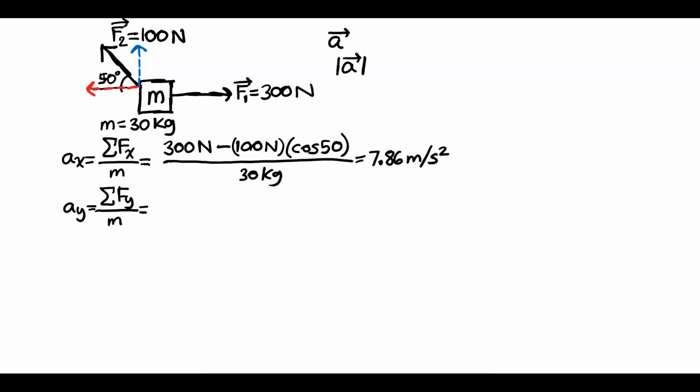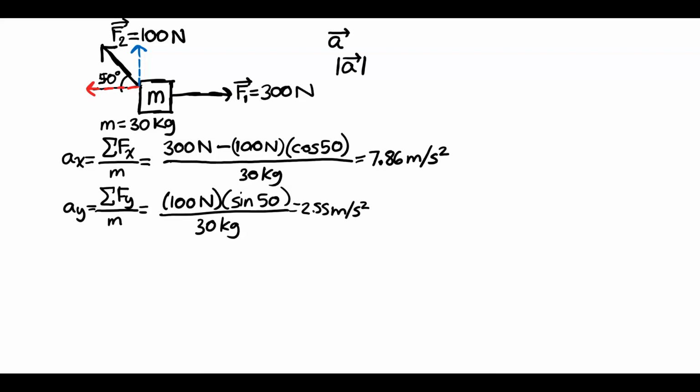While the blue and red forces don't technically exist, they're the parts of the real force F2 that is pulling the object upwards. So that is equal to 100 newtons times the sine of 50. That's just the vertical component. Over 30 kilograms. So 100 times sine of 50 over 30, we get 2.55 meters per second squared in the upward direction.